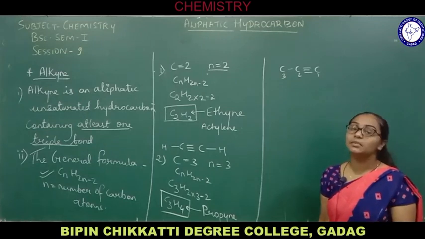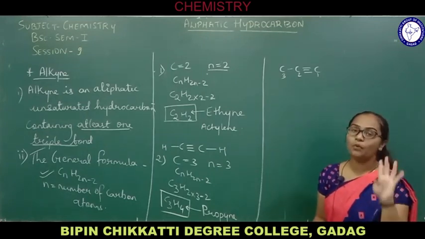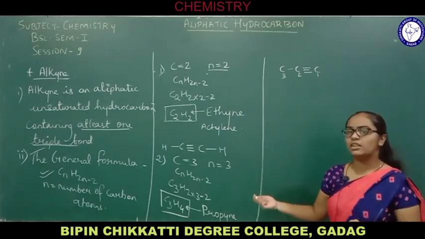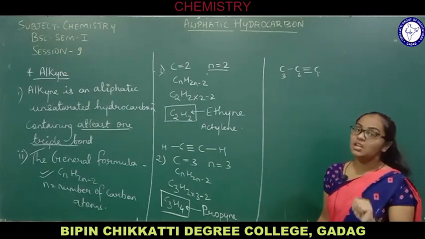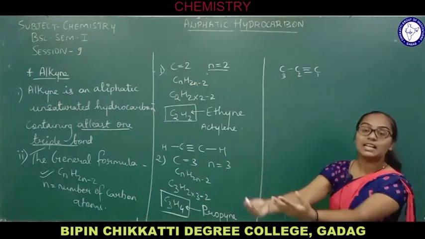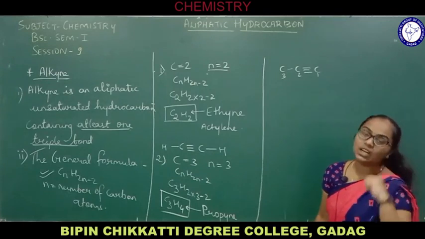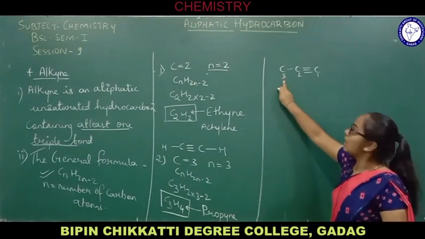Now the 4 hydrogen need to be added in a very precise manner, because we know that each carbon atom has a valency of 4, meaning it can get combined only with 4 other atoms. The other atom which I am going to utilize here is hydrogen. And now one bond is already utilized to get attached with the adjacent carbon atom, so only 3 bonds are left with carbon number 3.